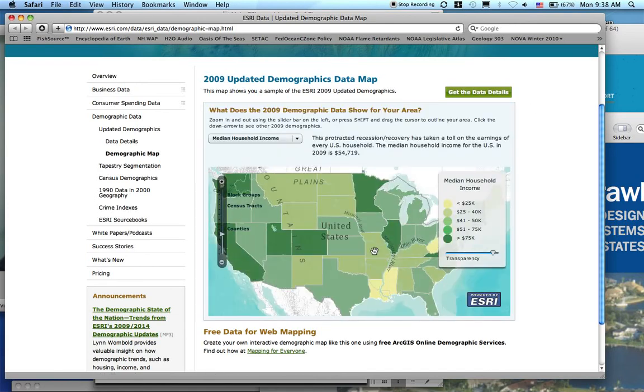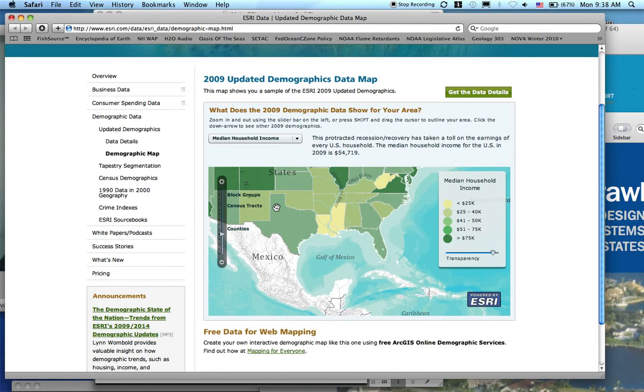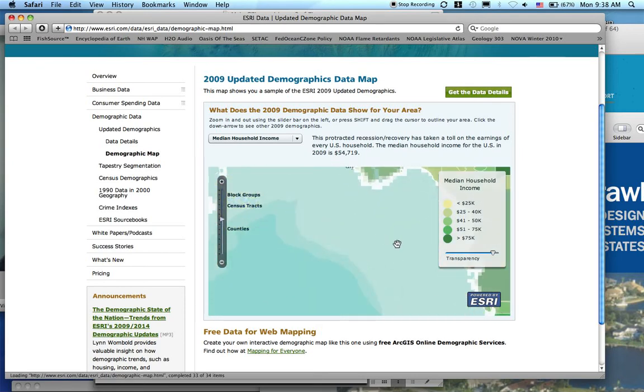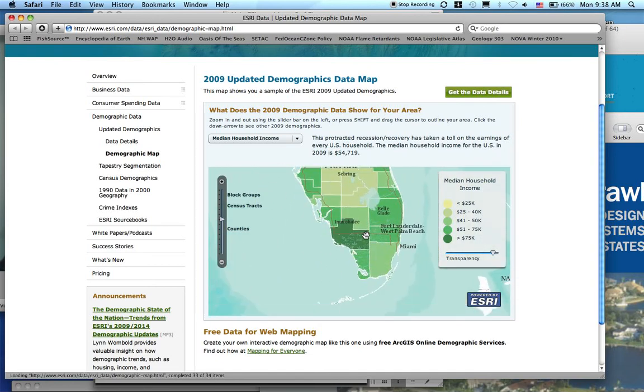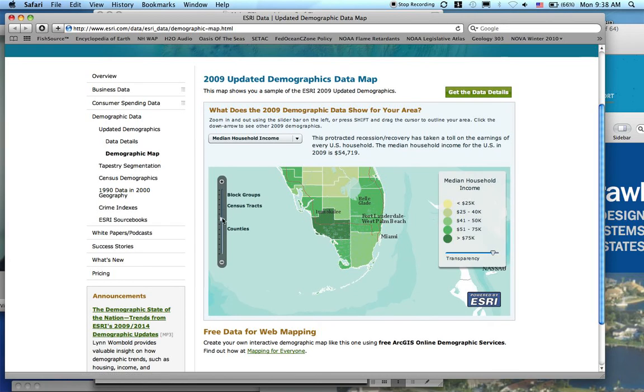So here we have the map. What I've asked you to do is go to the site. Actually, you don't need to sign on, but simply link to the site, and then you can zoom in to the coastal counties. This is very impressive software. You can see the strengths of GIS with this.